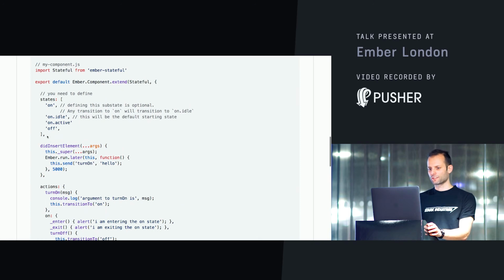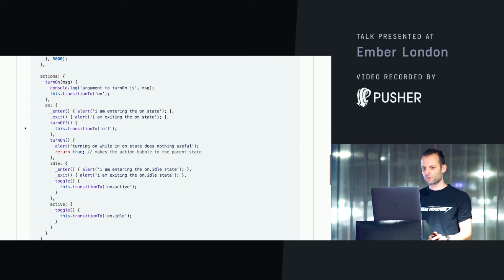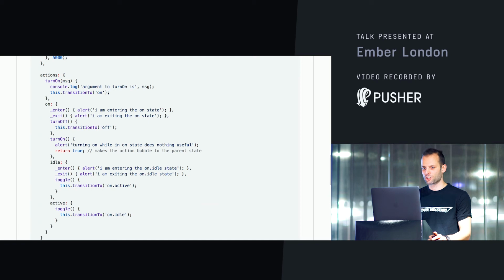You define your states explicitly inside the states property. If you want hierarchical states, you use dot notation. So on.idle is a substate of on. On.active is also a substate of on. No complicated nesting of hashes or whatever. And you define your actions as you would inside your actions hash.